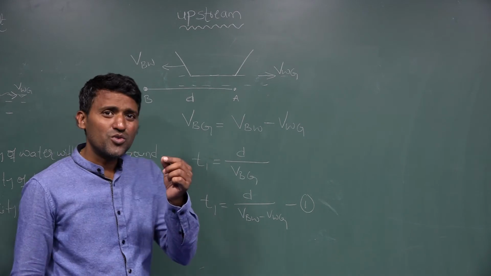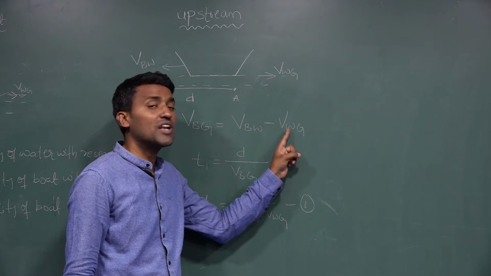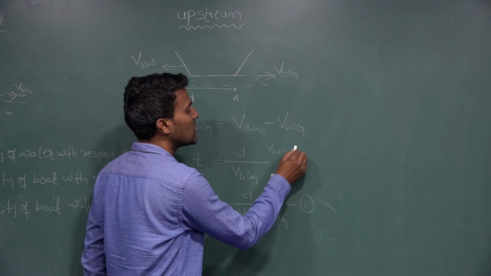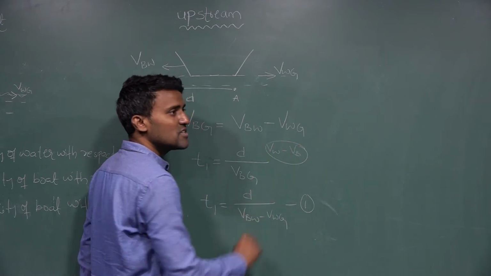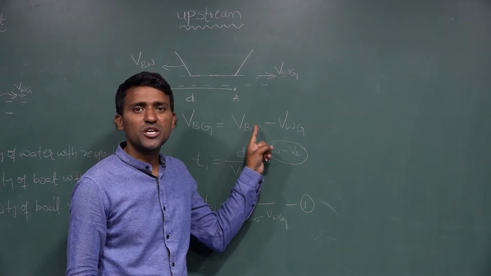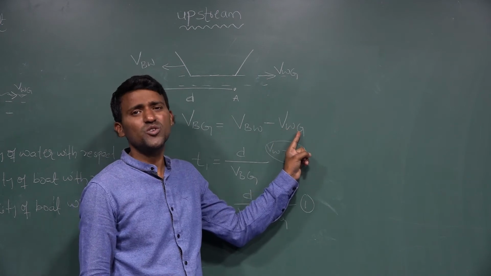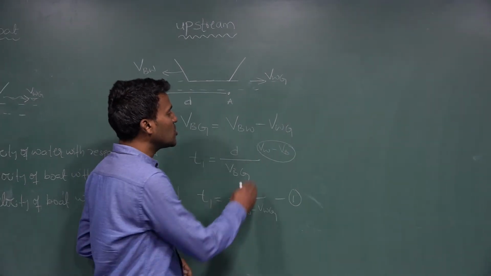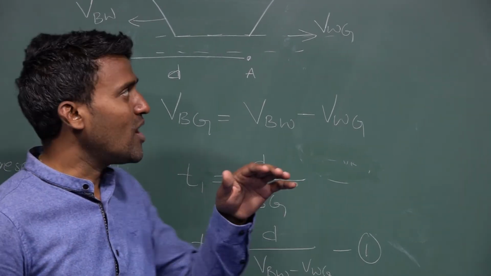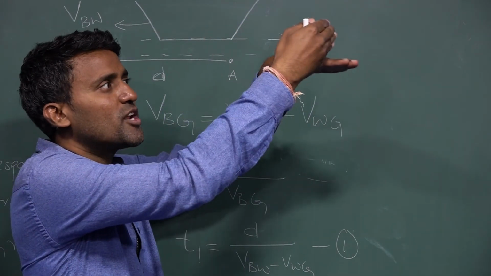Now, I want to raise one doubt here. Why should I write the velocity of the boat minus the velocity of the water? Why can't I write the velocity of the water minus the velocity of the boat? Because the velocity of the boat with respect to water is greater than the velocity of the water with respect to ground. That's why we have to write this equation. See, if the water is going along this direction and the boat is moving along this direction, both are in opposite directions.